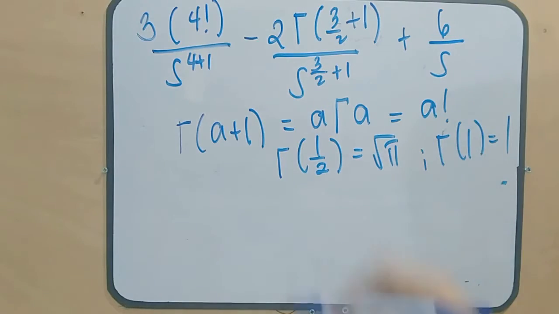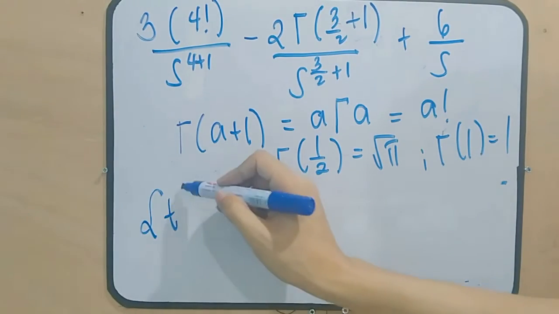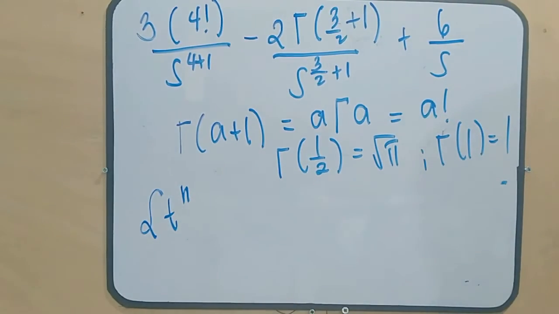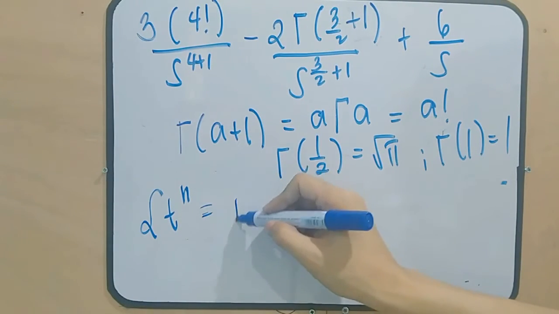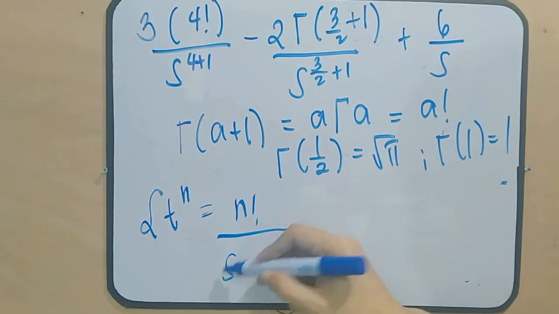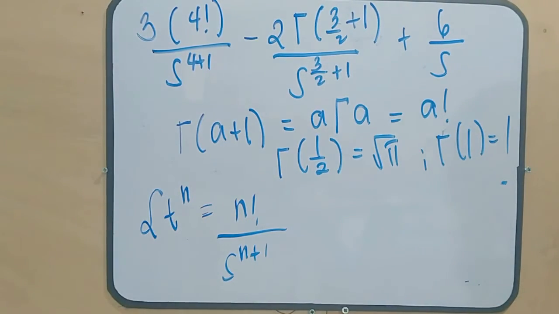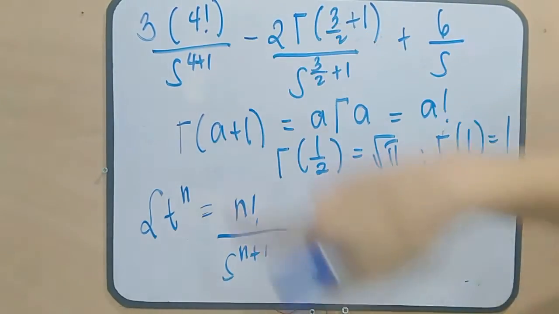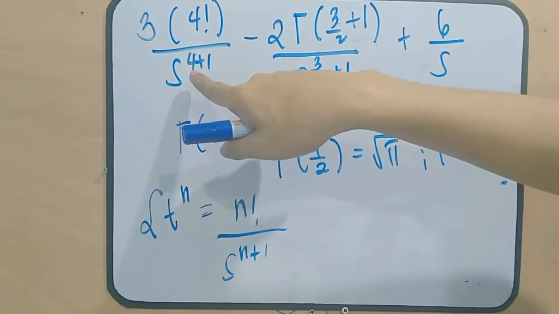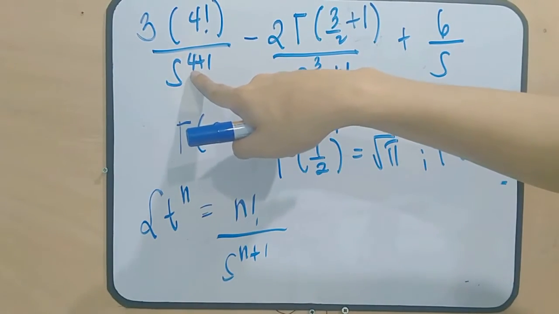So, kung babalikan natin guys, yung Laplace transform ng t raised to n. Ang n natin is 0, can be 0, 1, 2, 3. So, whole number. This is just equal to n factorial all over s raised to n plus 1. So, that's why na-apply natin siya dito here guys easily, because yung ating exponent here is actually a whole number.